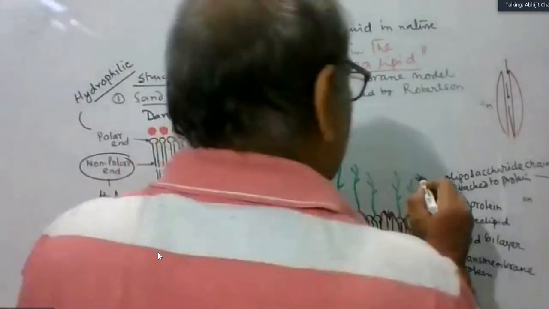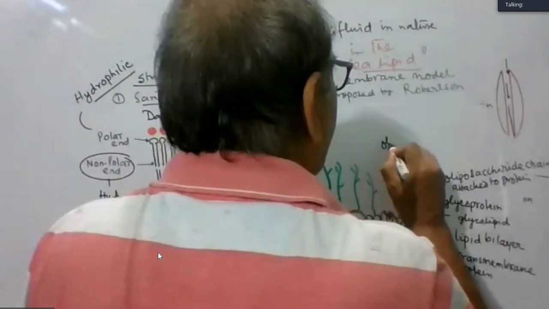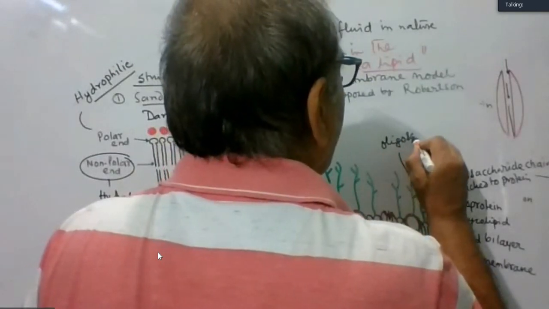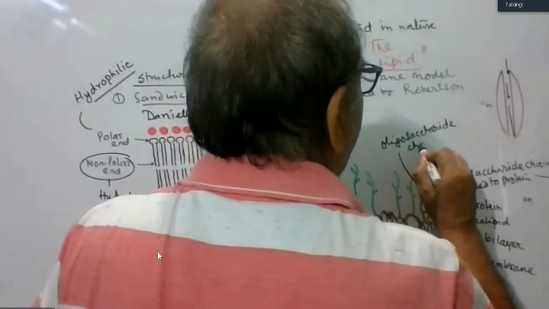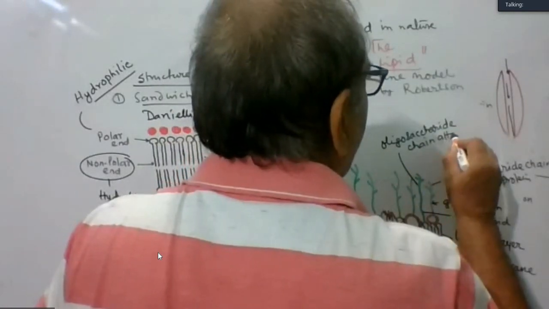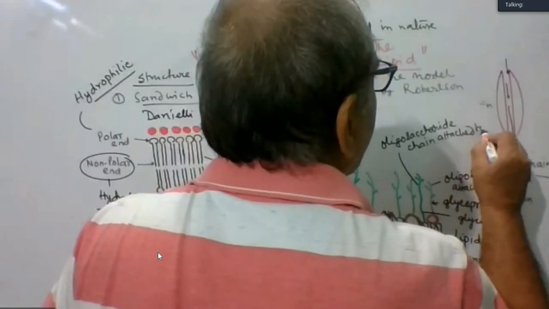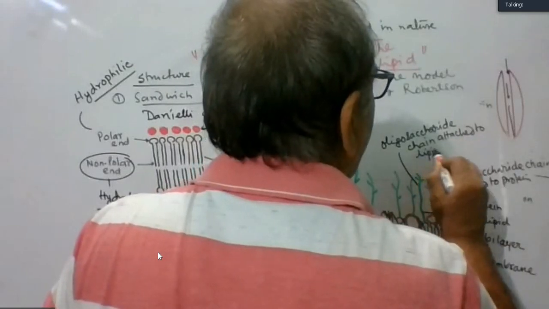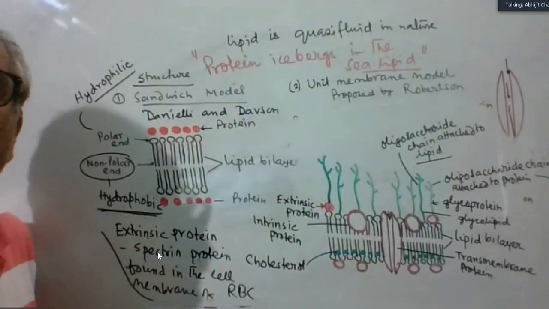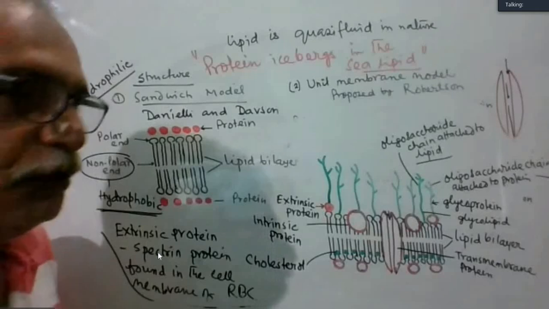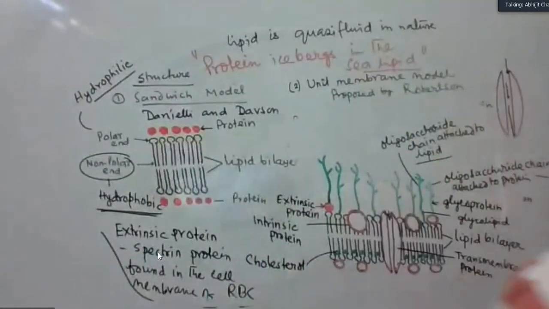And here also you can write, this is the oligosaccharide chain attached to lipid and hence it is called glycolipid. So you will get glycoprotein and glycolipid structures which constitute the glycocalyx or cell coat.